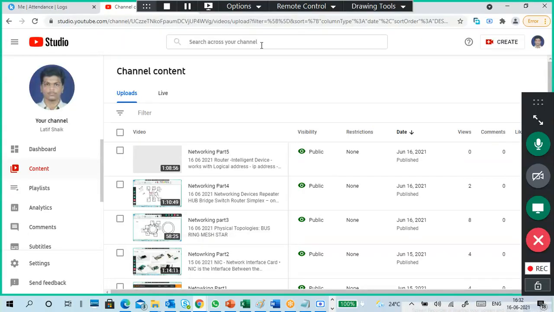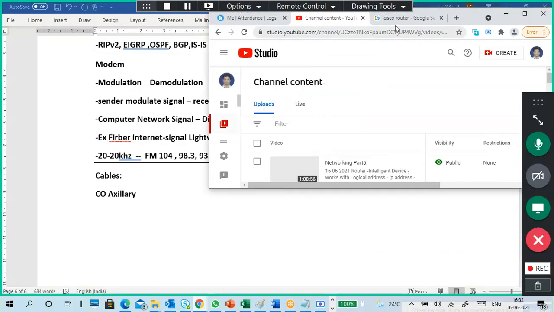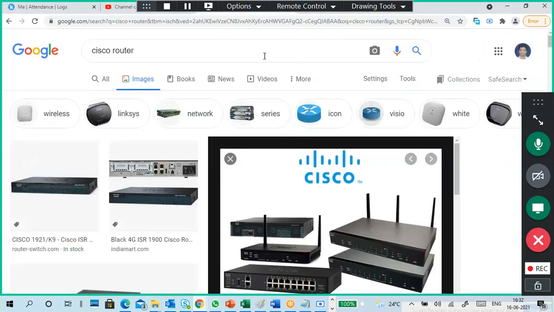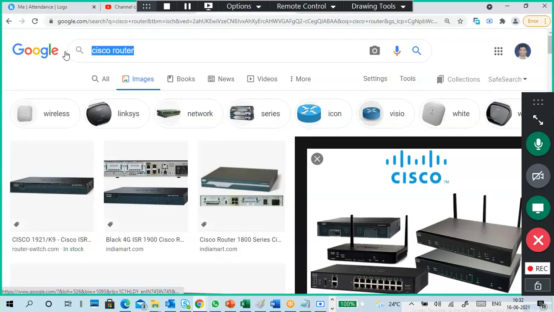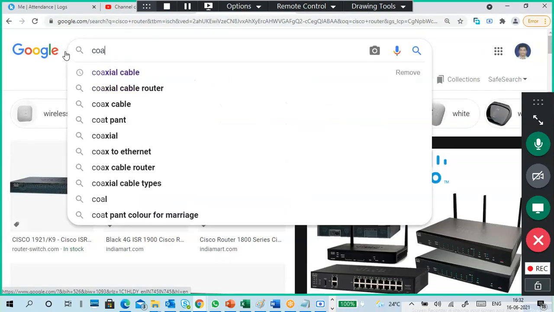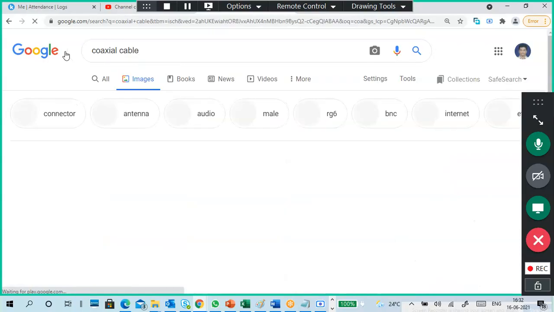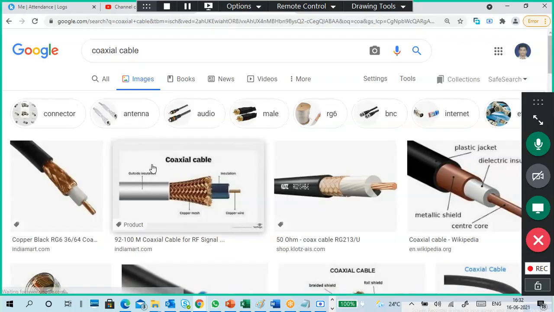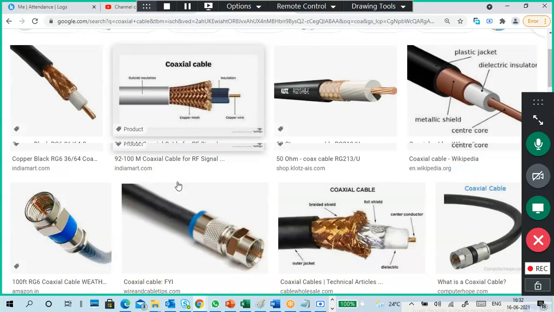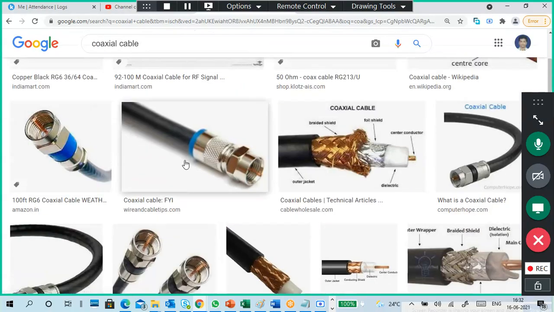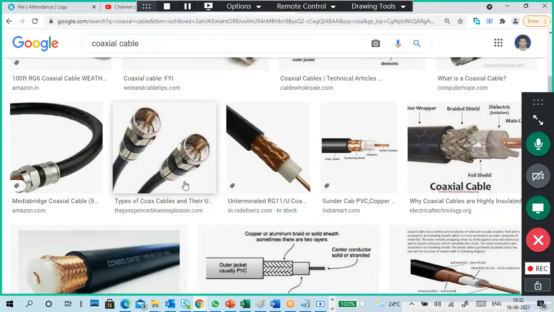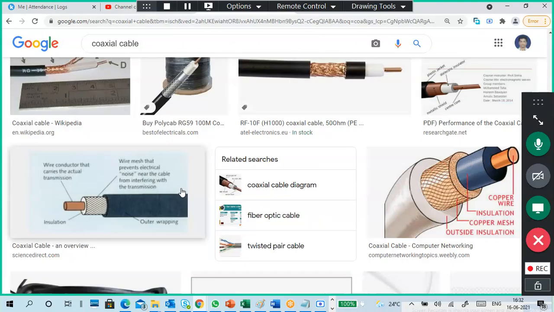So we'll see from here. This is a coaxial cable. I think you've seen coaxial cables in cable TV, right? Yes, sir. Yes. These cables.